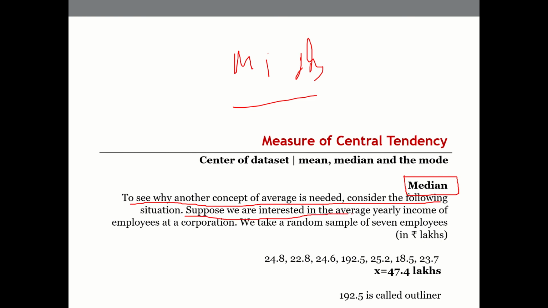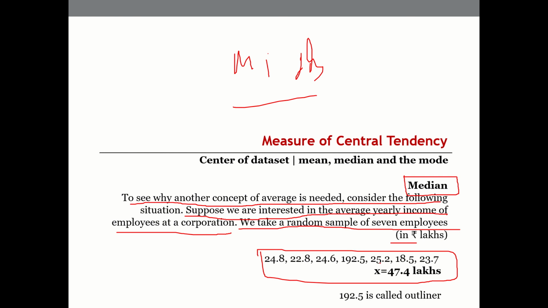Suppose we are interested in the average yearly income of an employee at a corporation. We take a random sample like this. What is the average number? The explanation put up here is to know why mean is used.